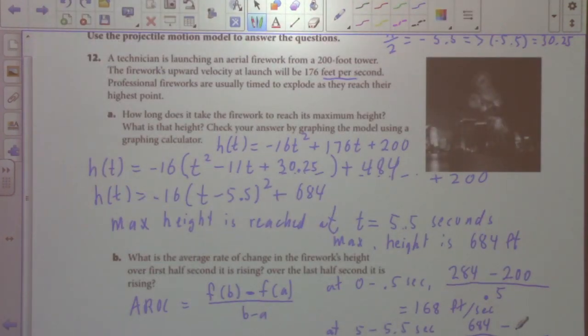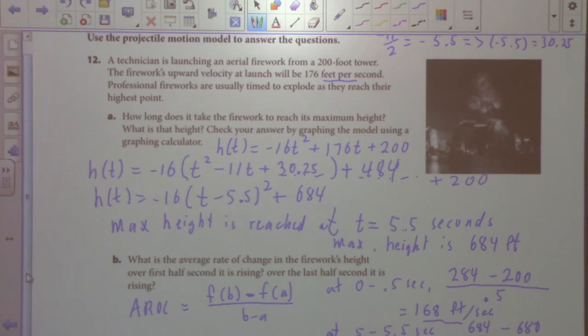So we have 684 minus 680 divided by 0.5, and what's that going to be? What is that going to be? 8 feet per second. So those are our average rates of change.